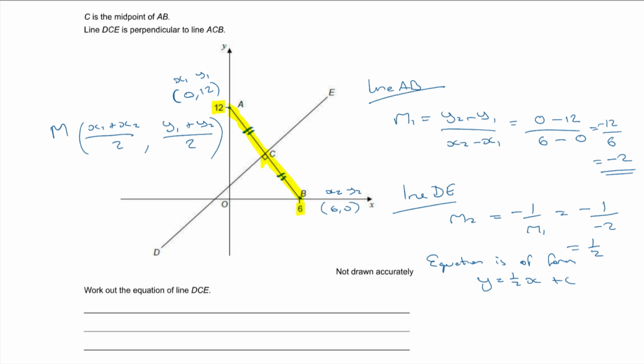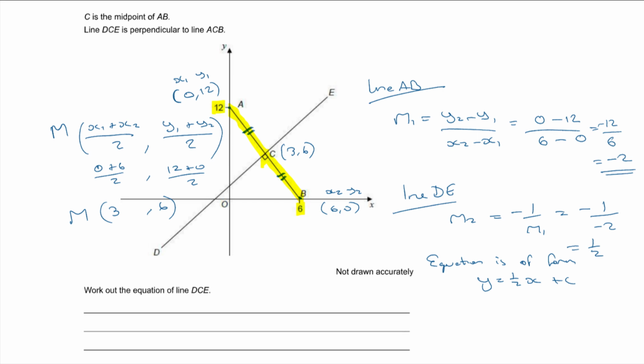So the x coordinates are 0 and 6. So that averages out to a 3. And then the y coordinates are 0 and 12. And that averages out to a 6. Okay, so then the midpoint of my line is going to be 3, 6. So that's the point C, isn't it?